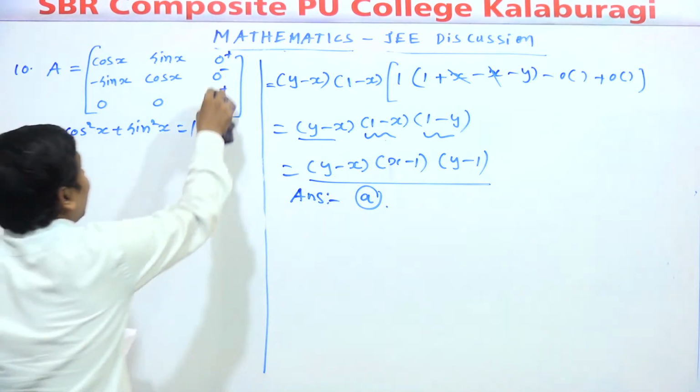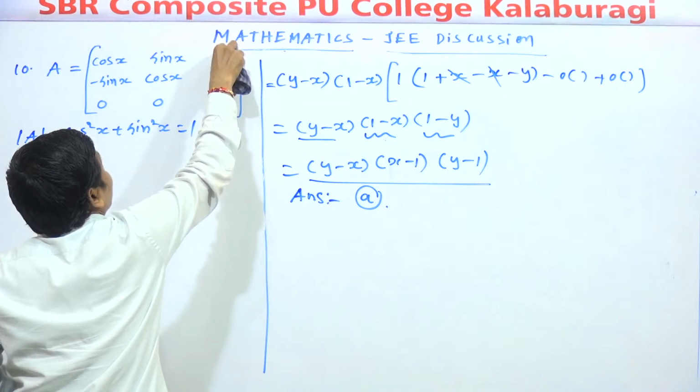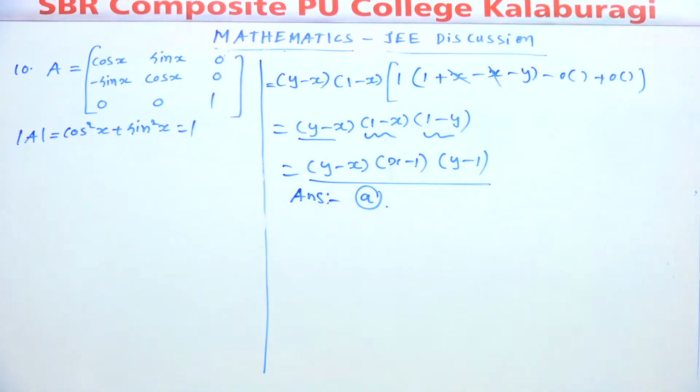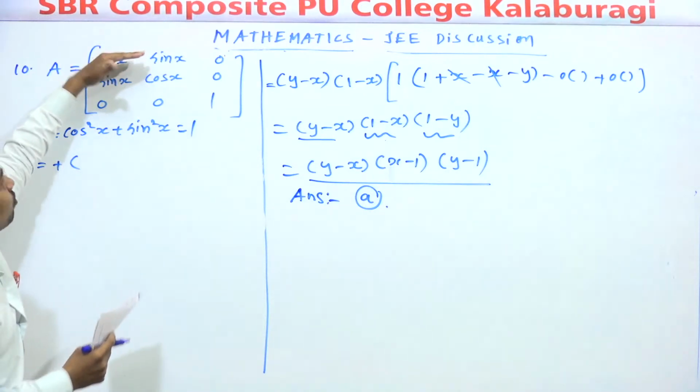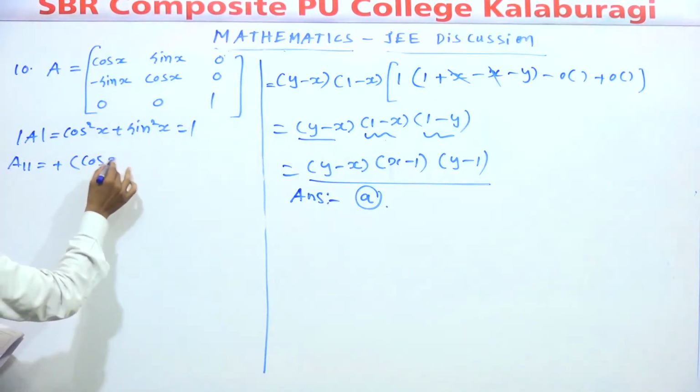Now let us find the adjoint of A, that is the cofactor of each element: A11, A12, A13. For A11, plus, suppressing its row and column, cos x into 1 minus 0. It is cos x.